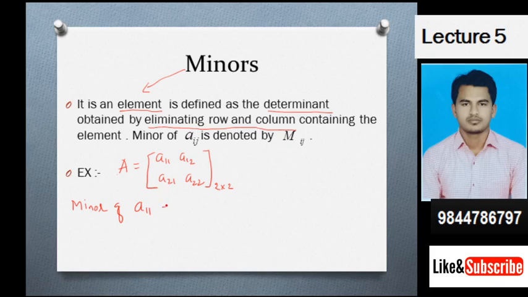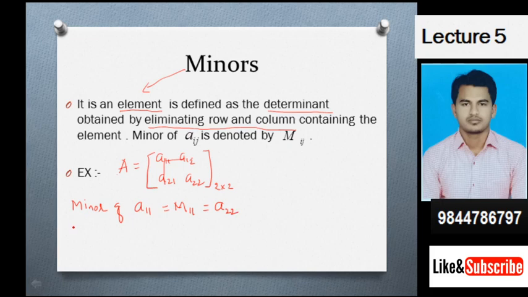Symbolically it is represented as M11. It is also the determinant obtained by eliminating the first row and first column. What is the minor of A11? That is A22.